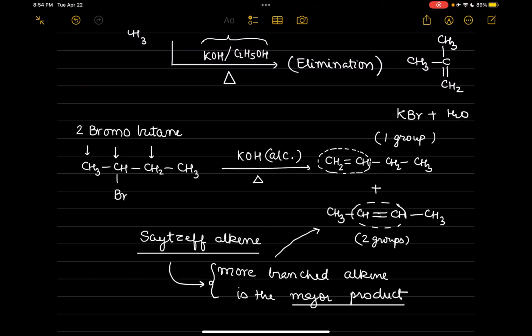It is formed where the double bond is formed in the middle. And the alkene with fewer alkyl groups is known as Hofmann alkene.